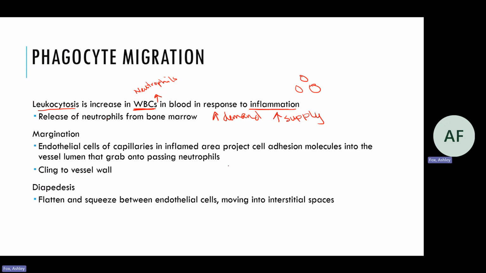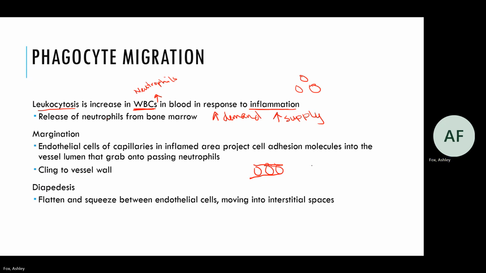How do these white blood cells, like neutrophils, get from going through the capillaries or going through the blood vessels? So they're just traveling along. How do they get outside the capillaries and into the tissue? First off, the endothelial cells, so remember the inside cells of blood vessels, when they're inflamed, actually stick out adhesion molecules.